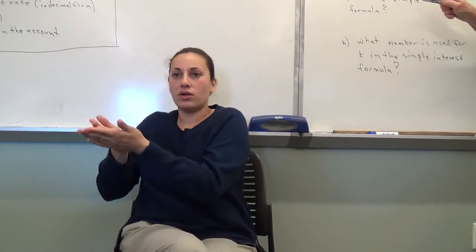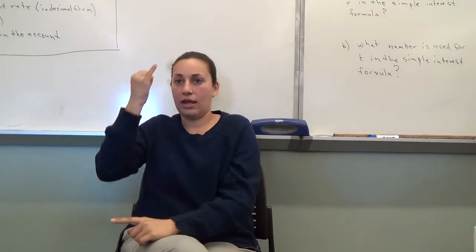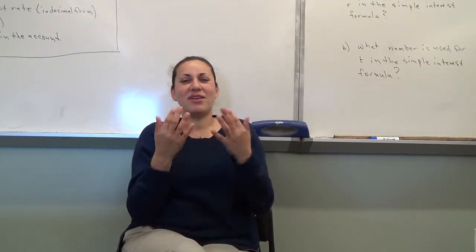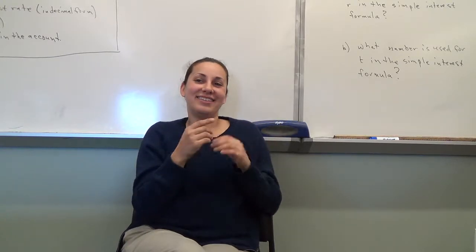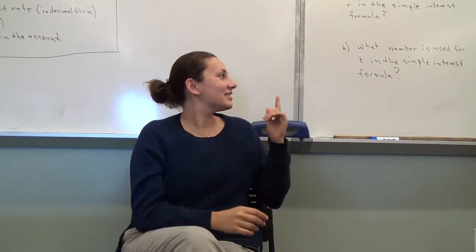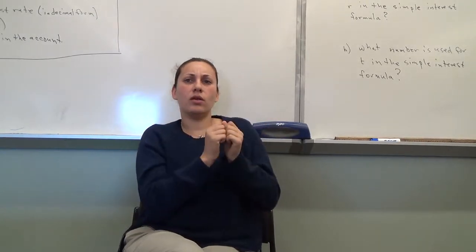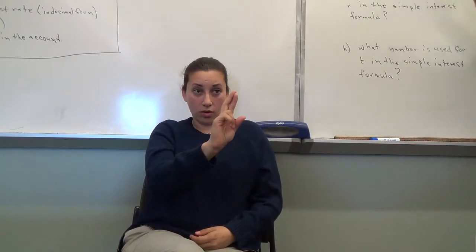So what number is used for R in the simple interest formula? Now this is no different than the value for the rate on the other formulas that we had. What are we going to put in there for that R? Are we going to put in there 5.5%?